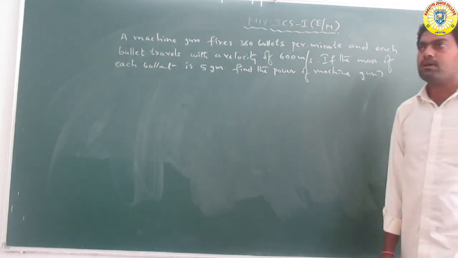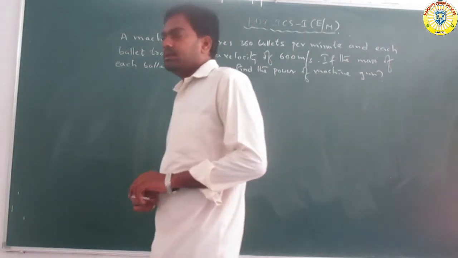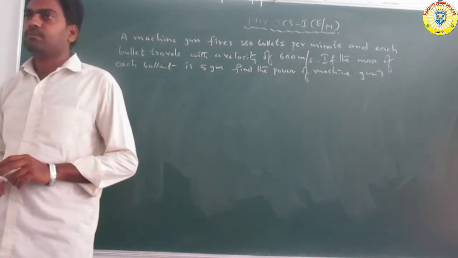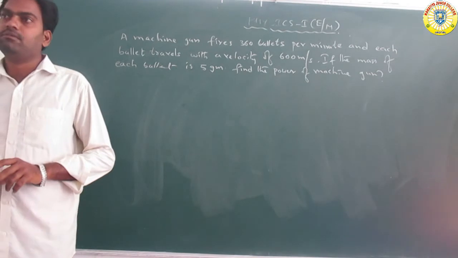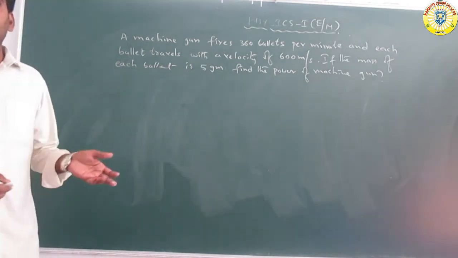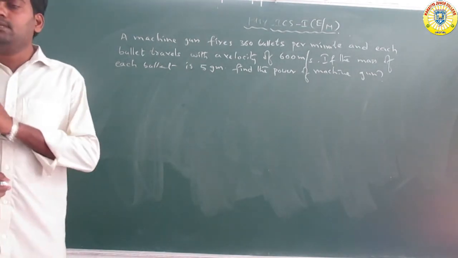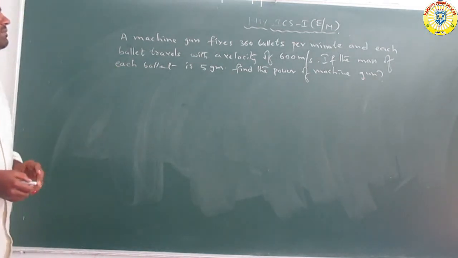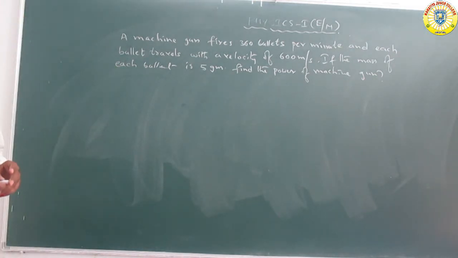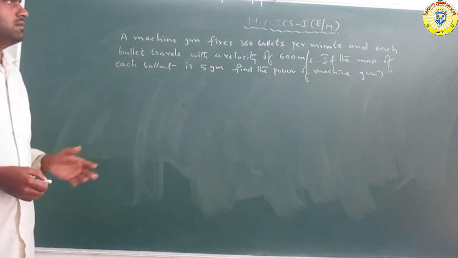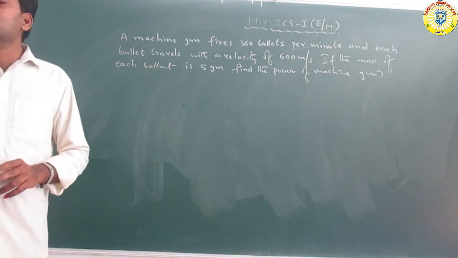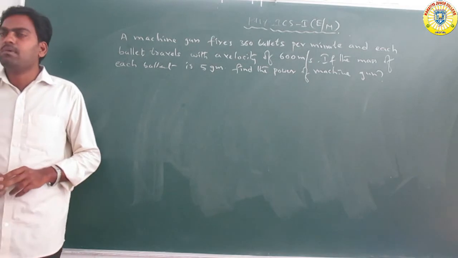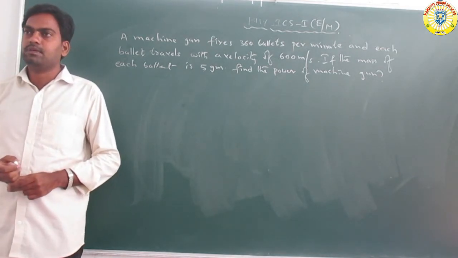This is a very important problem, a long answer type problem. Each bullet travels with a velocity of 600 meters per second and the mass of the bullet is 5 grams.